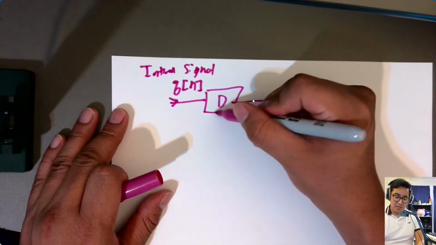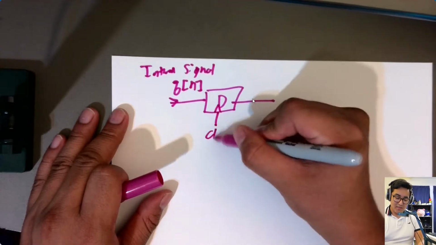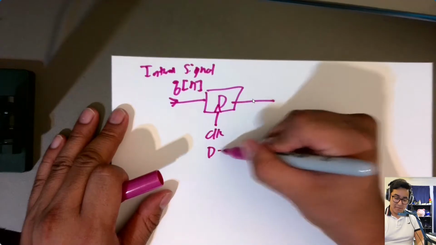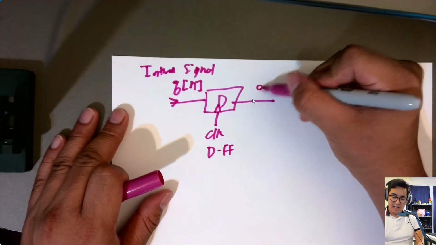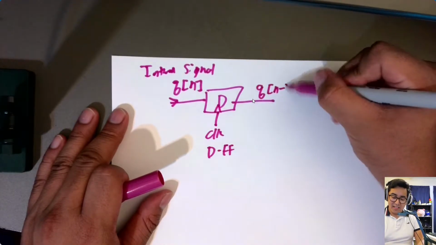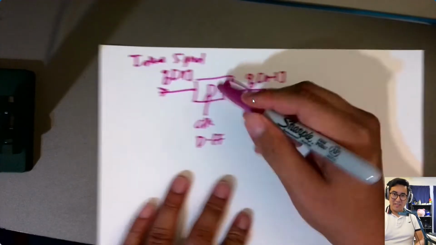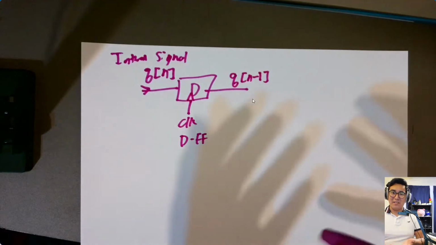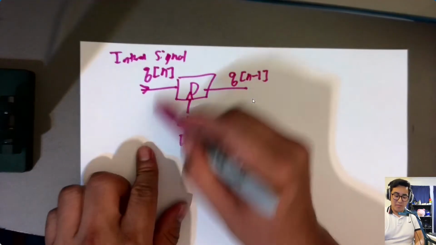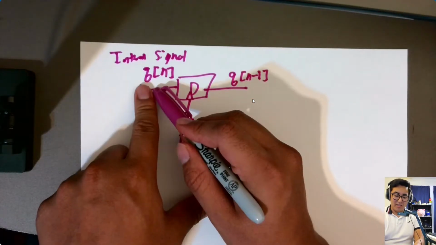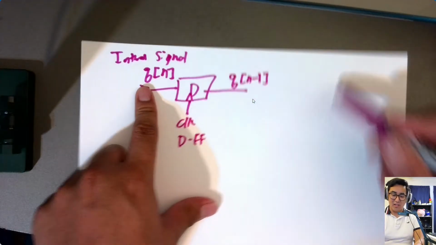So this is probably like some clock, some D flip-flop. And what we get is this delayed signal. However, you know that these D flip-flops basically just store the memory. It stores whatever value is in here. Whatever is here just gets clocked forward.